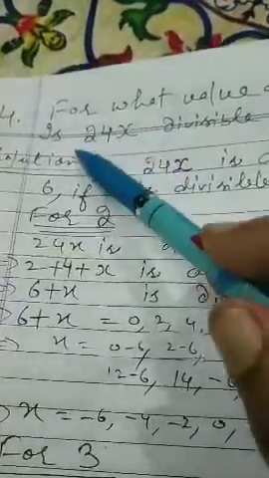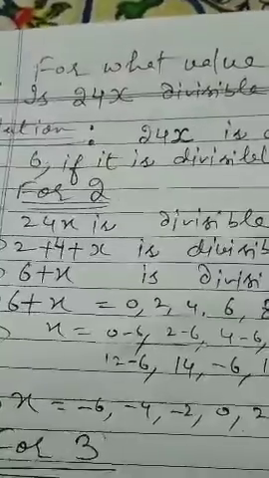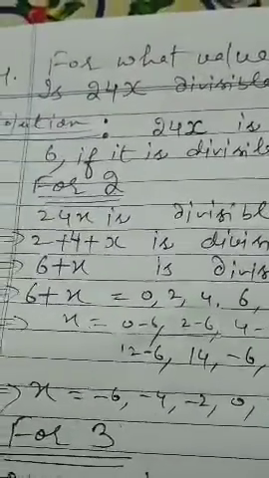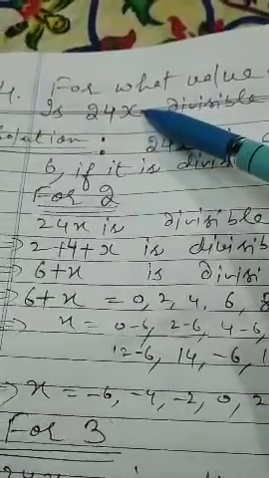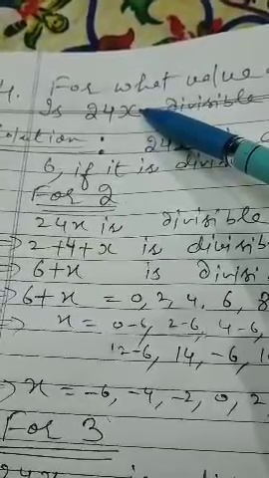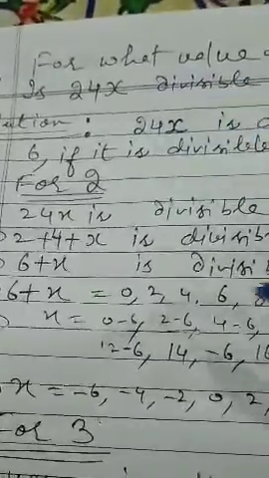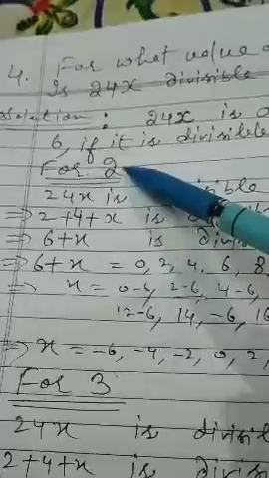A number is divisible by 2 if its unit place is 0 or an even number. So, in place of x, the value of x can be 0, 2, 4, 6, 8. But I have solved this question like that. You can see the steps.